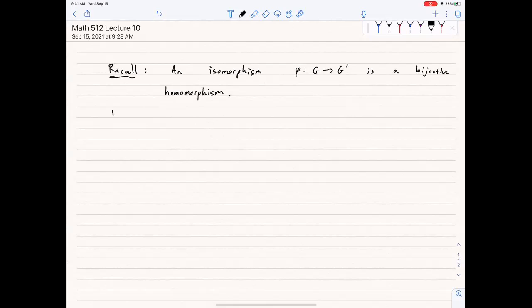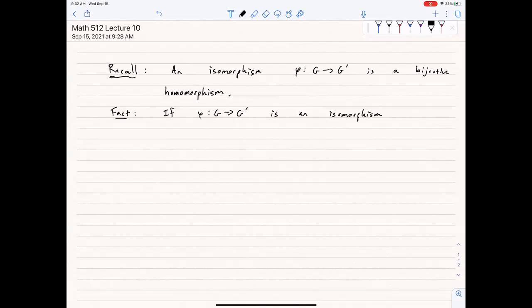So there's a fact, which is a lemma in the book, that says if we have an isomorphism, well, it's bijective. So that means that there's an inverse function.